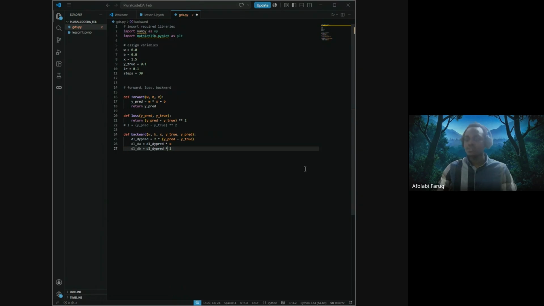At the end of the day, what we return is dL/dW and dL/dB, right? So these are the three functions we need.